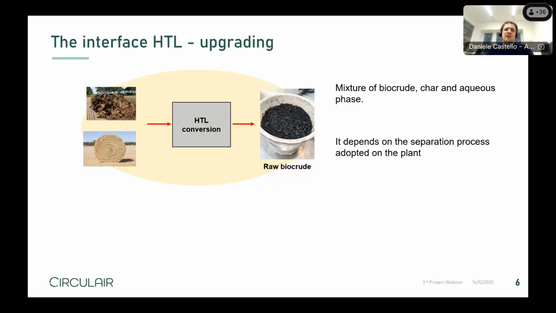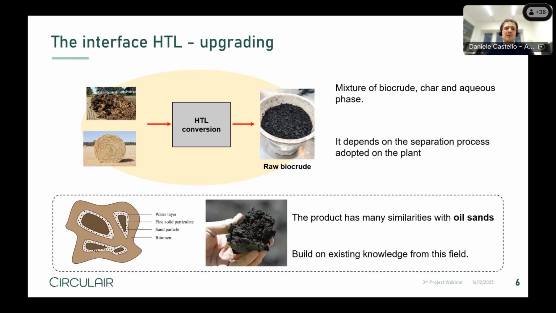The raw product coming from the HTL reactor is often a mixture of biocrude, char, so the solid product, and aqueous phase, and of course this depends a lot on the separation that is adopted on the HTL plant, but in general, the product directly from HTL is not ready immediately to be upgraded. In particular, this product has some similarities with so-called oil sands, a mixture of multiple phases. And we thought that we can actually build on the existing knowledge on this topic in order to approach the problem of the upgrading.